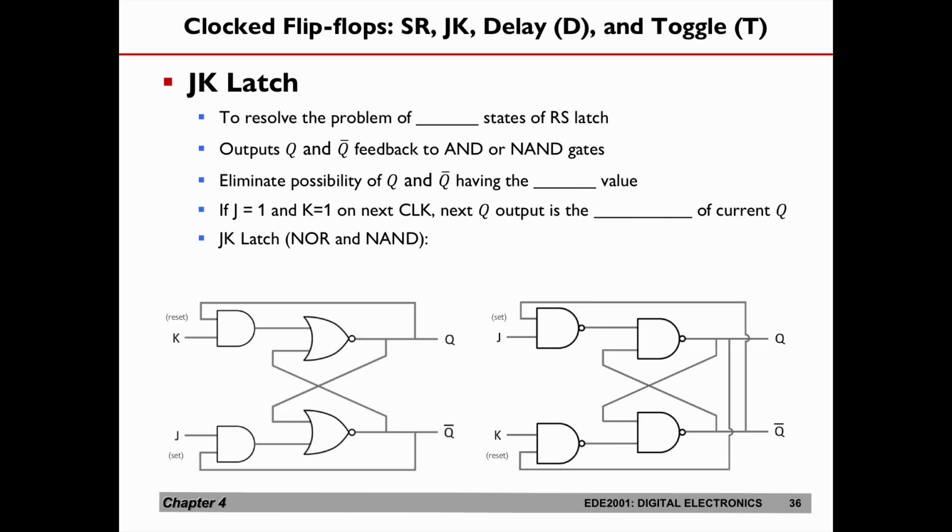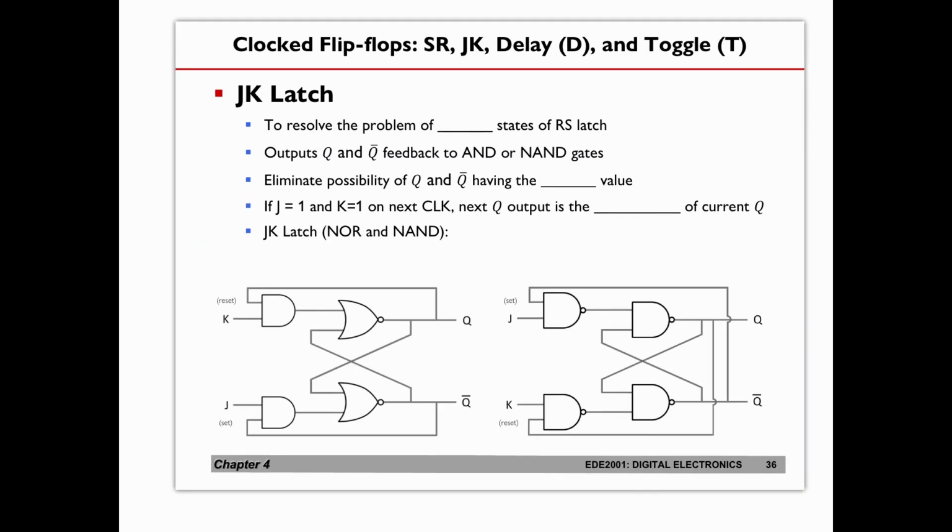Let's go to the JK latch. If you look at the design of the JK latch, you will realize that there are feedback loops. Previously, your SR latch doesn't have this feedback loop. What you have for the SR latch is basically just this part here.